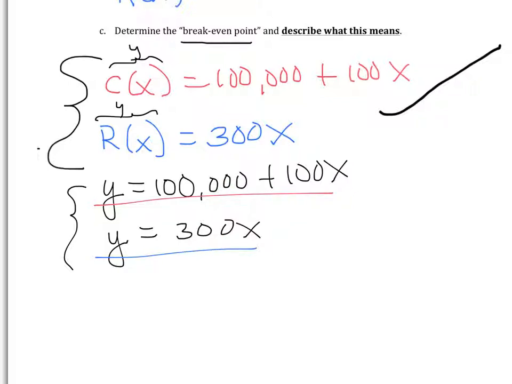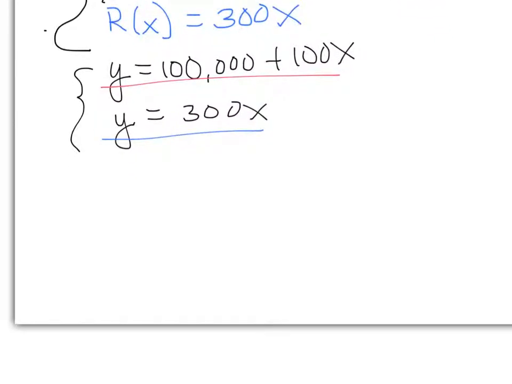But let's do this algebraically. I would use substitution just because y is already isolated in both. We can substitute this y into this y, or this y into this y. That really means we're just setting these equal to each other. So let's go ahead and do that.